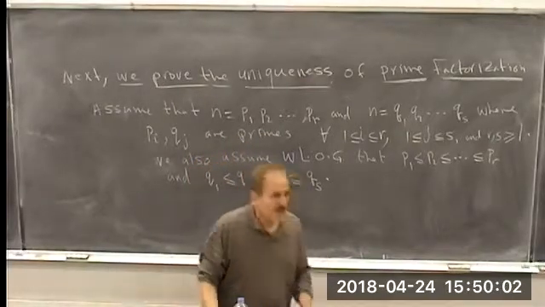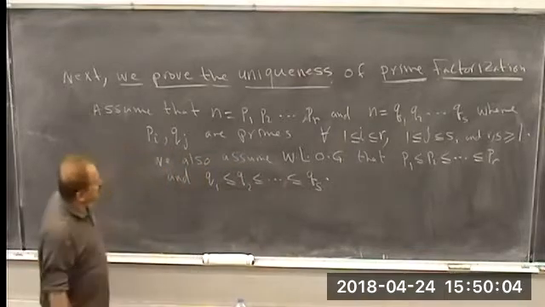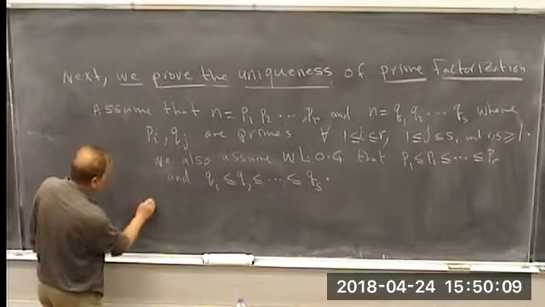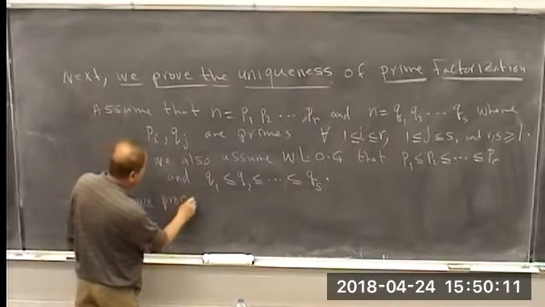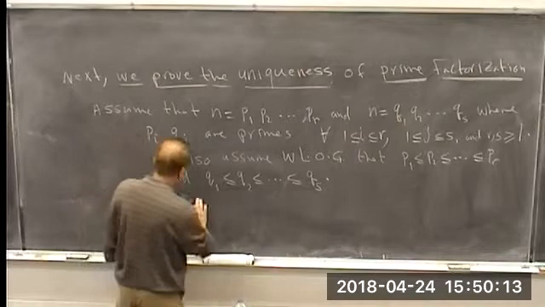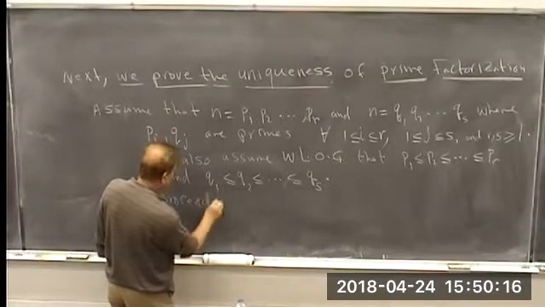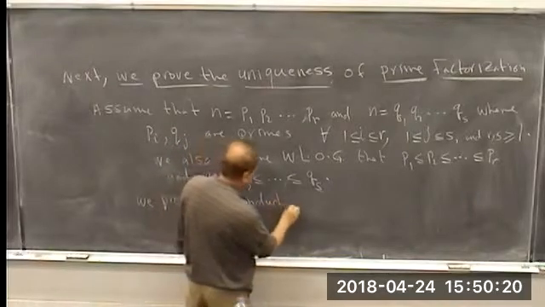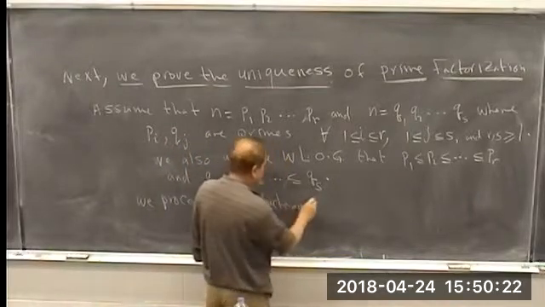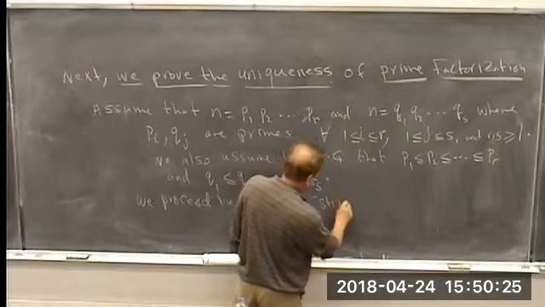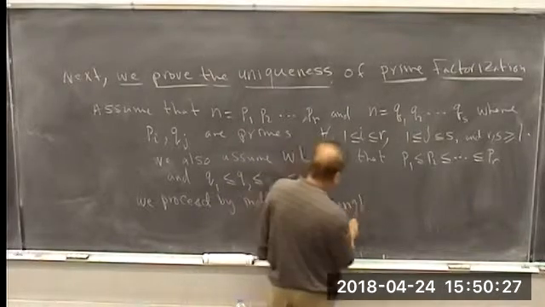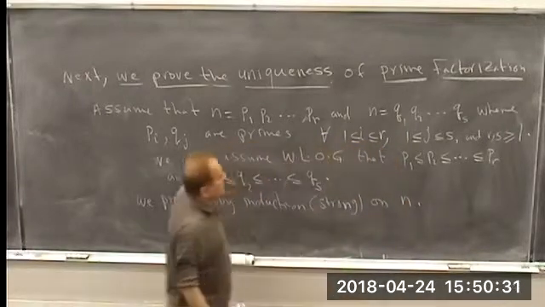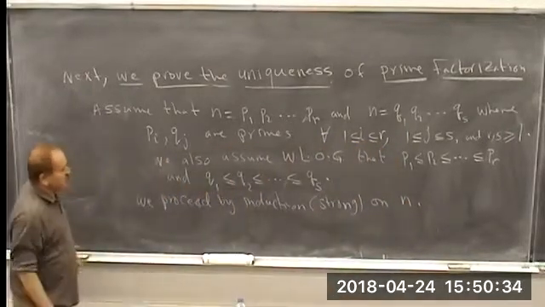All right, we're going to start doing the uniqueness by induction on n. So we proceed by induction, actually strong induction, on n. The first value of n is 2.